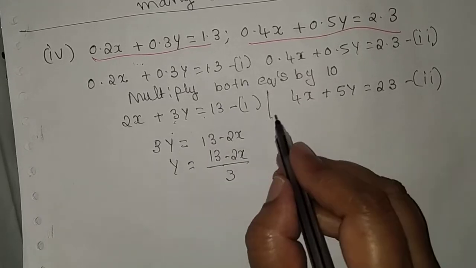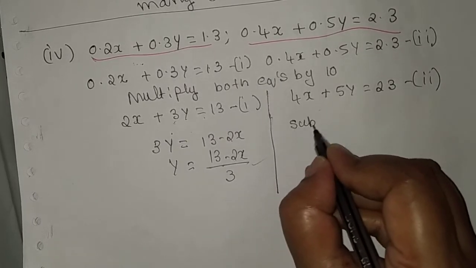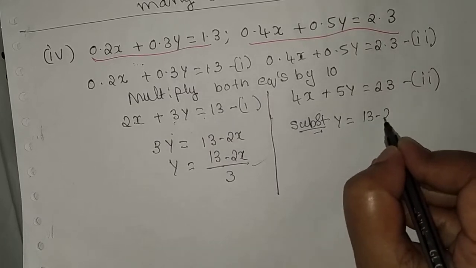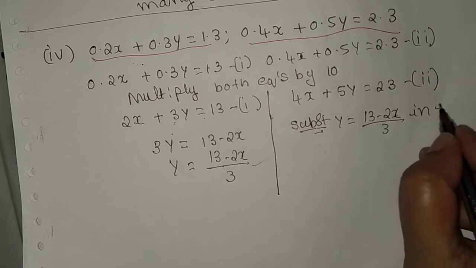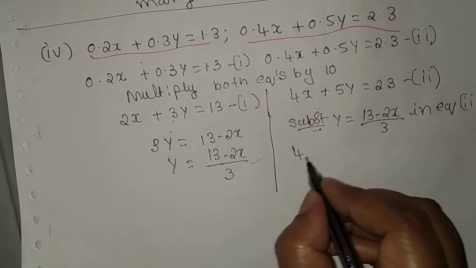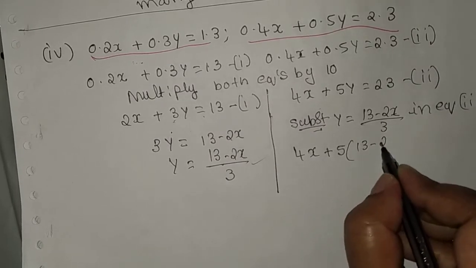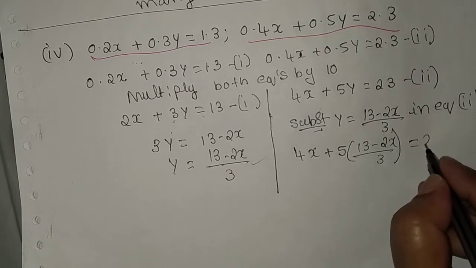Next we substitute y is equal to (13 minus 2x) by 3 in equation 2. So now this equation becomes 4x plus 5 into (13 minus 2x) by 3 is equal to 23.